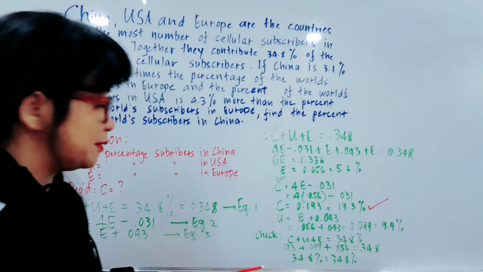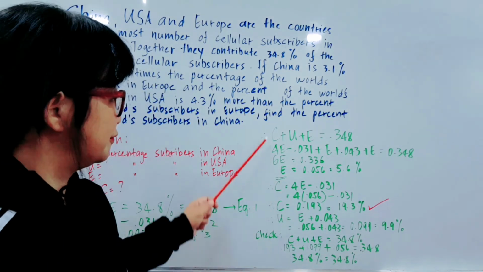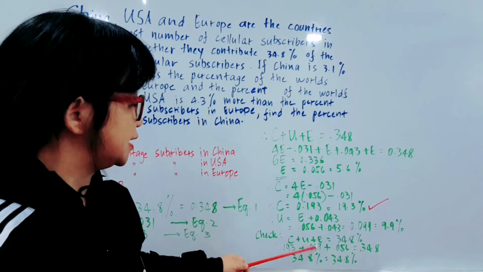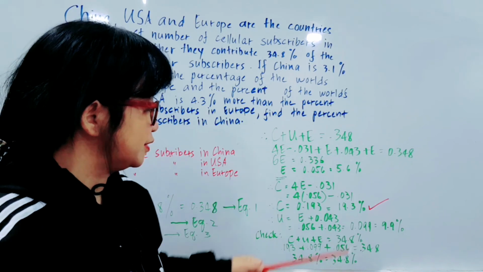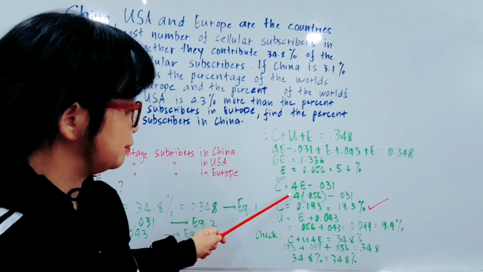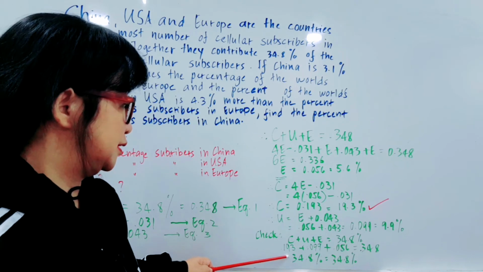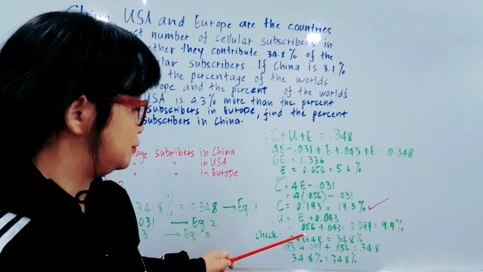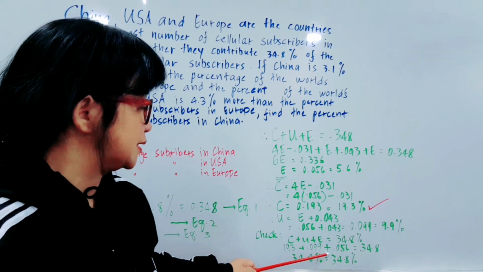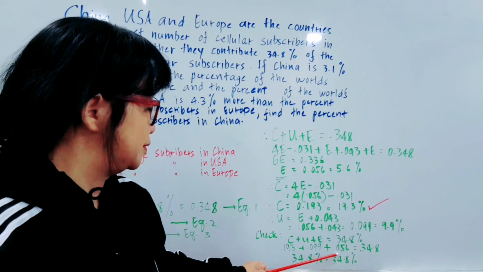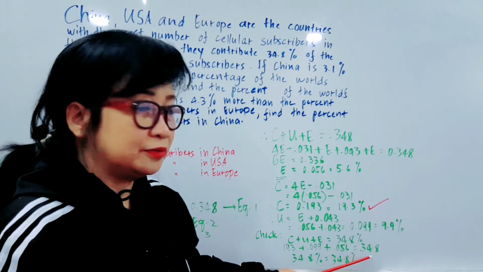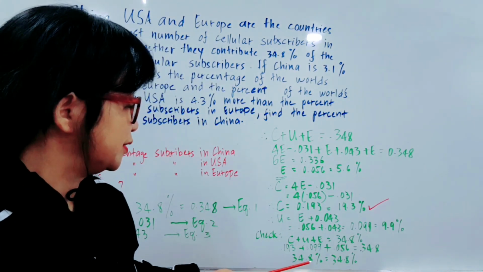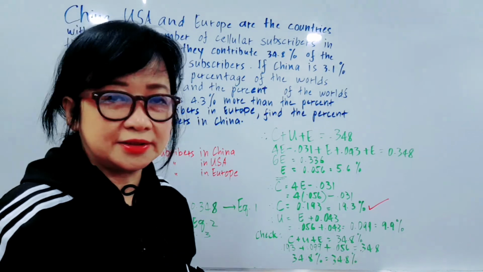I-check natin yan kung tama ba yung answer natin. So, from this equation, pwede natin i-substitute yung mga values niya. C plus U plus E is equal to 0.348. O, substitute natin yung value ng C which is 0.193 plus ang U which is 0.099 plus ang E which is 0.056, which is equal to 0.348 or 34.8%, dito sa side, sa kabila rin is 34.8%.